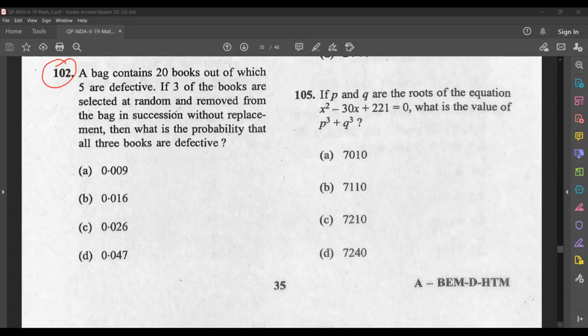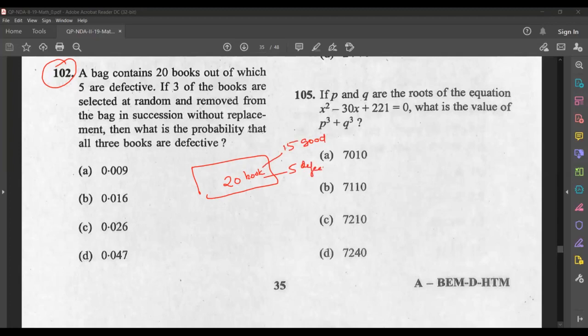See, what the person is doing, the person is having 20 books, isn't it? Out of this, 5 are defective. So 15 are good, 5 defective.